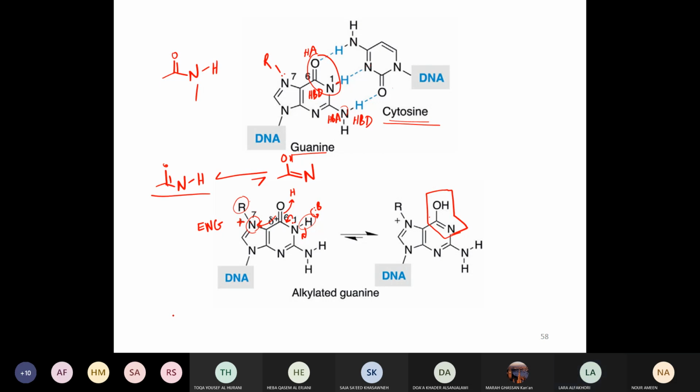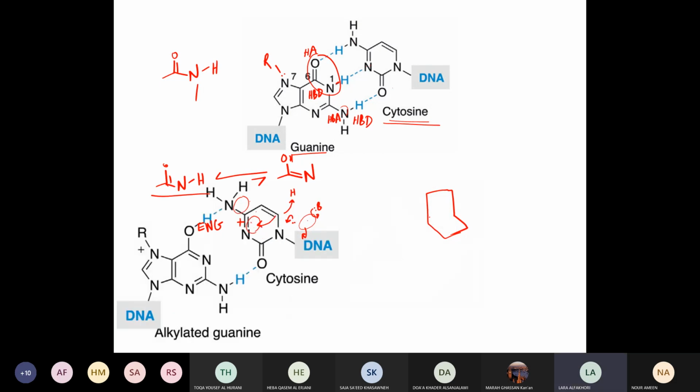Okay, how will this affect base pairing? Let me compare between them. This oxygen here is a hydrogen bond acceptor, right? The oxygen is still a hydrogen bond acceptor, and the hydrogen on it is a hydrogen bond donor.